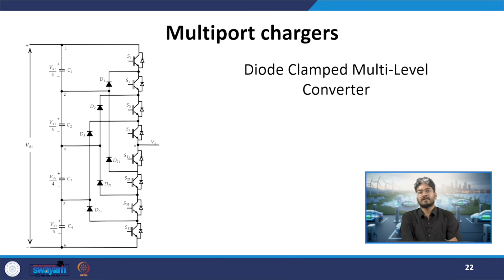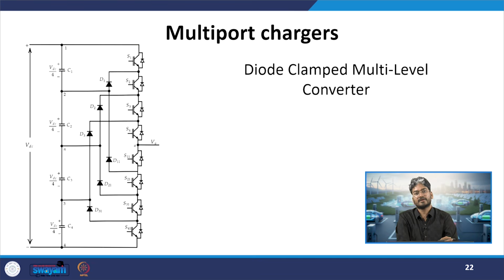Now, multi-port chargers. As we have seen, chargers today are rated up to 240 kilowatts, and we have some solutions beyond that also. In those cases our conventional three-phase VSI will not be able to supply that amount of power, or else we will require higher and higher series and parallel connections of devices, which put several limitations.